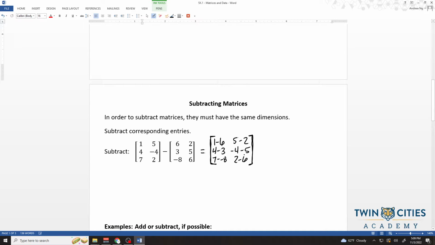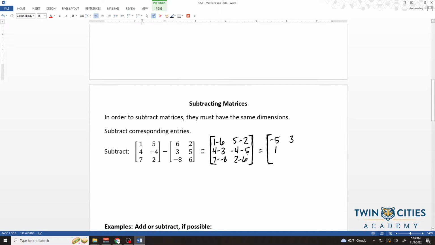All right, now actually subtract. 1 minus 6, this will make negative 5 in the top left. 5 minus 2 is going to be 3 in the top right. 4 minus 3 is going to be 1 in the middle left.